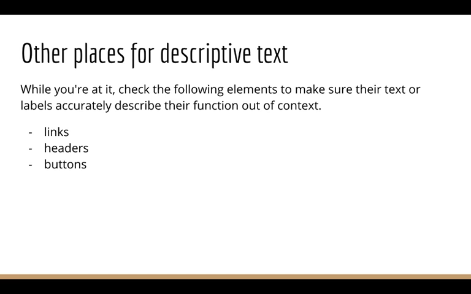Other places for descriptive text. This all goes back to usability, user experience, and also accessibility with voiceover and other devices. Have descriptive text on your links, on your headers, and on your buttons. So be very conscious when you put text in your buttons, like what's the purpose of the button, so that they would know what they're doing.